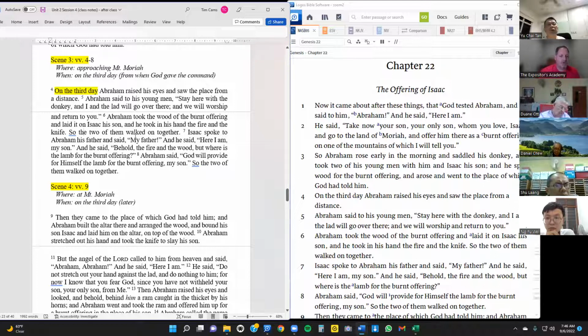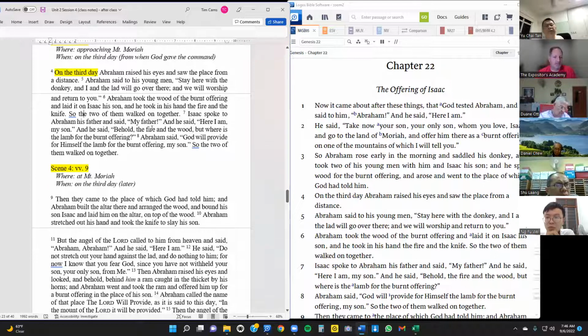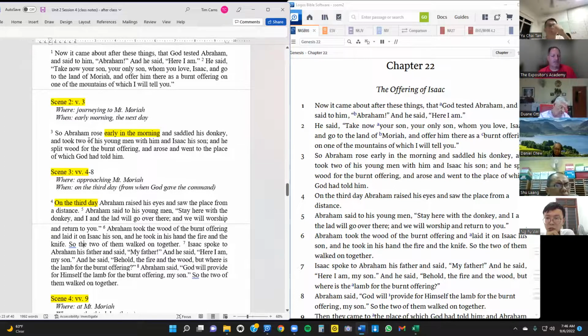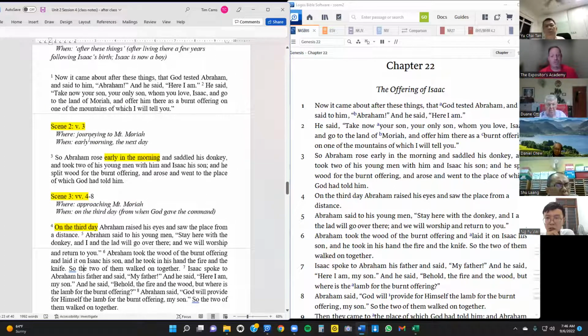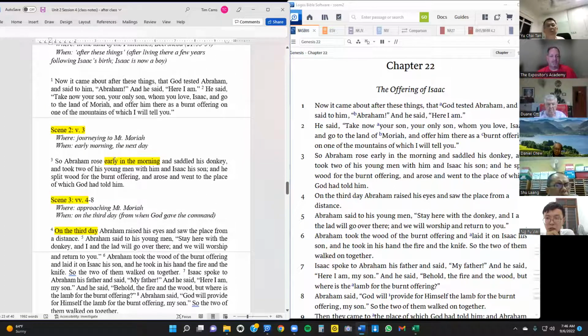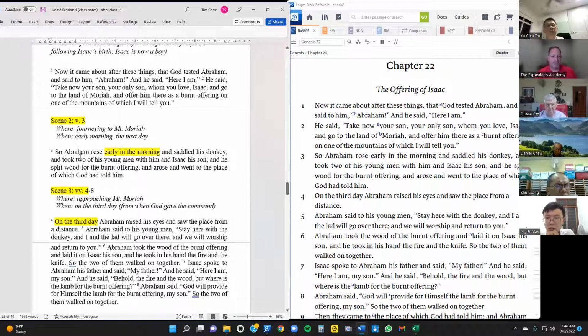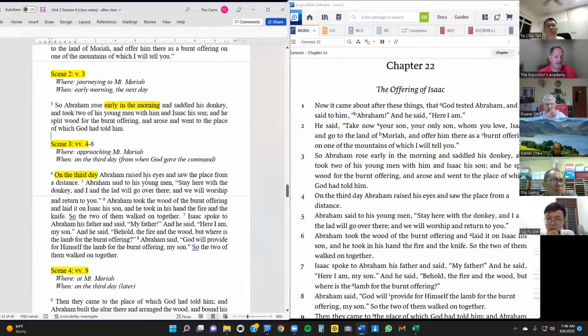As you look at this story, there's no interaction recorded between Abraham and his son, right? As they're journeying, they get up the next morning in scene 2, they travel. Then there's nothing mentioned about the rest of that day.